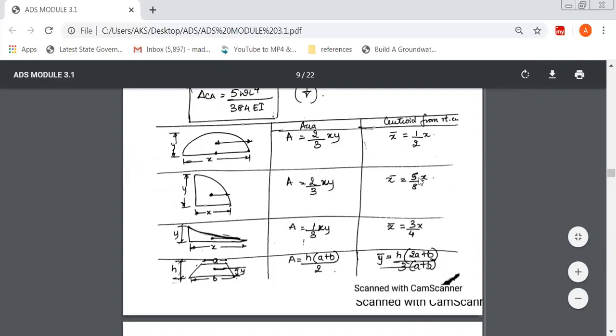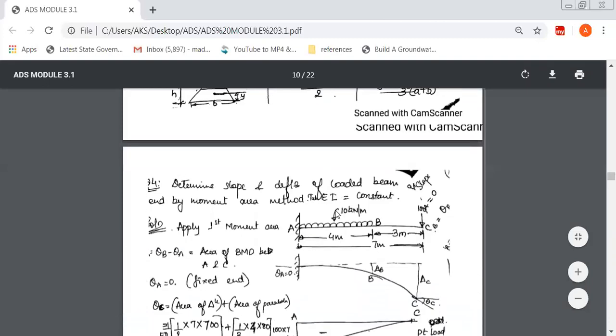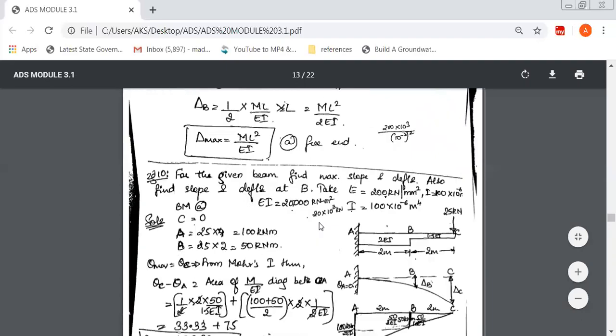If you want to find the CG from the right end, that means from this curved end, it is 5 by 8 times X. That's how we are taking the centroid as 5 by 8 times X. The same thing is used here.